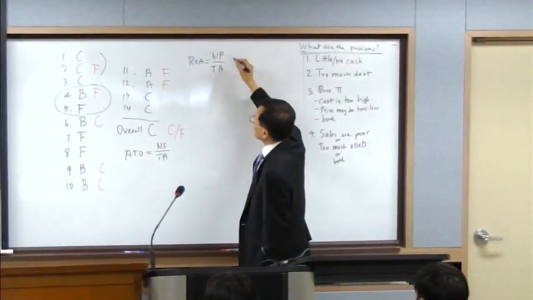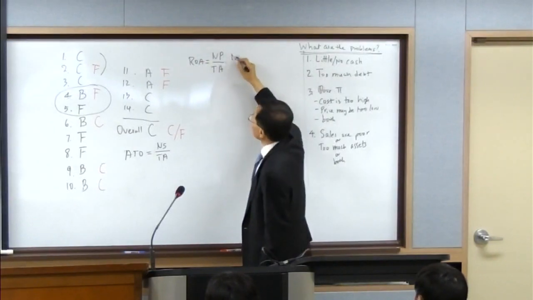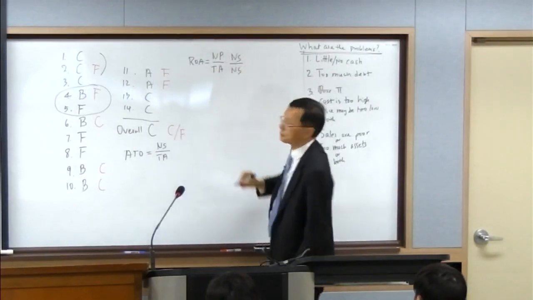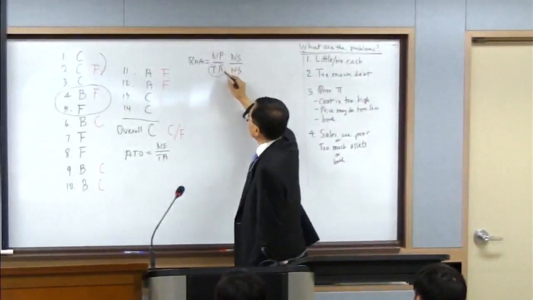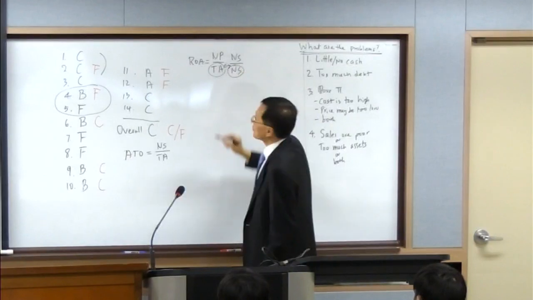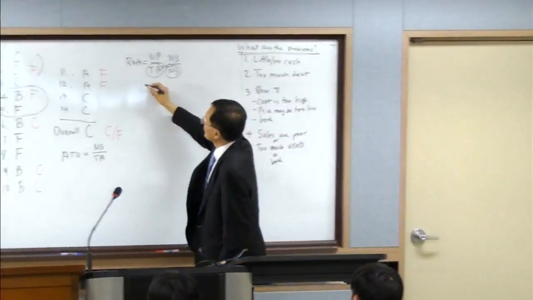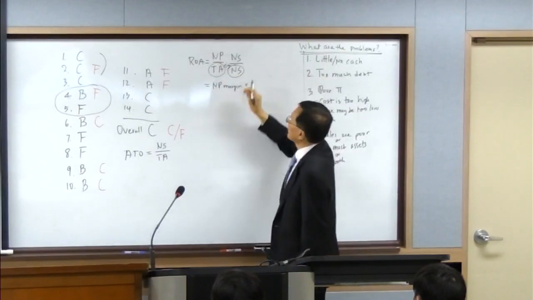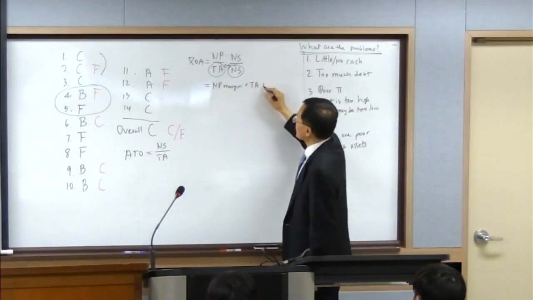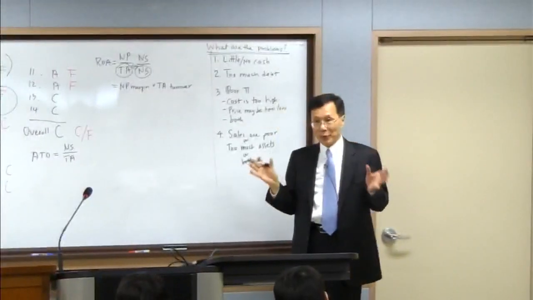Now multiply the numerator and denominator by net sales, and change the position of the denominators. You see that the first one is net profit margin times total asset turnover. Are you with me?